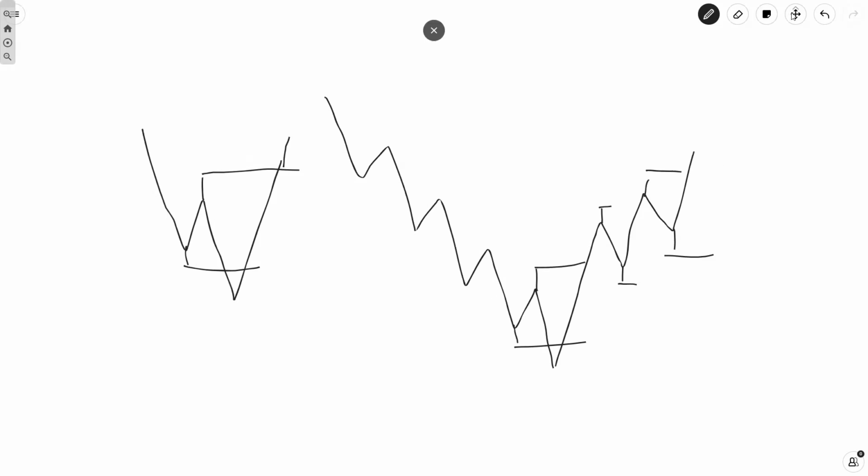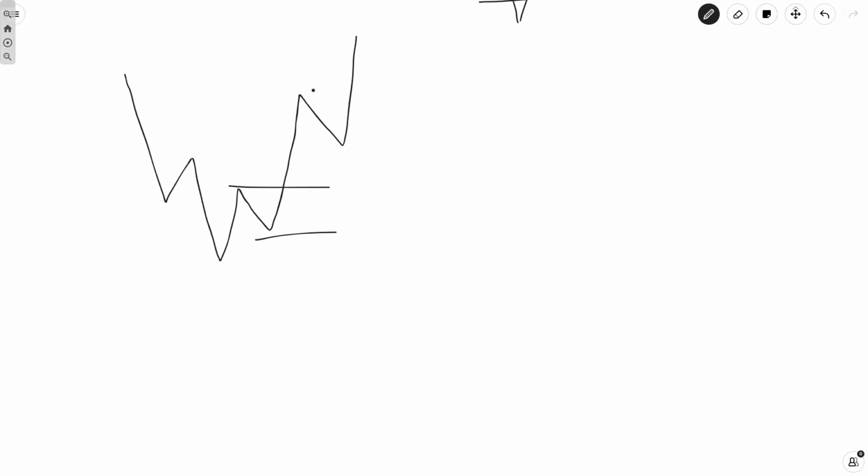So now we have new structures that are formed either before the shift or after the shift. Now these structures are what we call the formations. The formations will guide you whenever the market changes direction. So we need the newly formed structure in the opposite direction in order for us to change the direction completely.